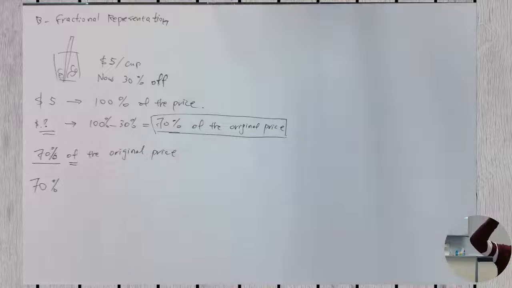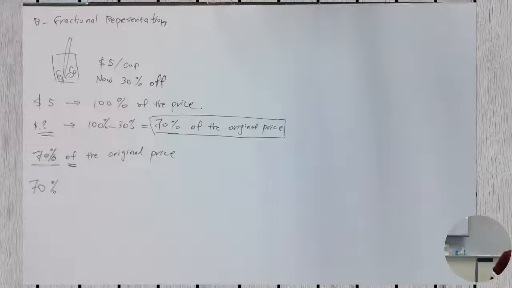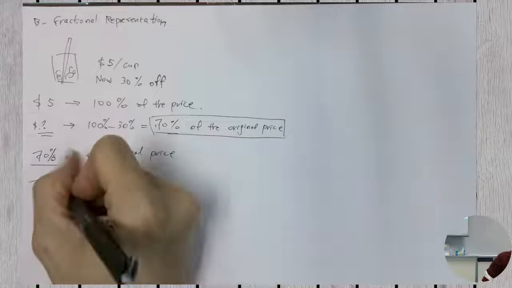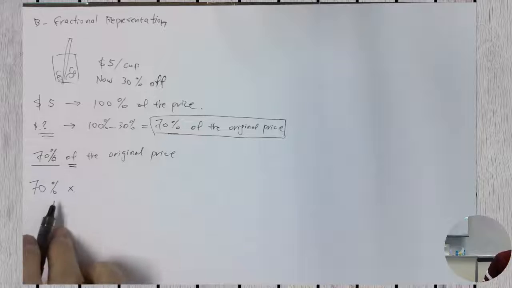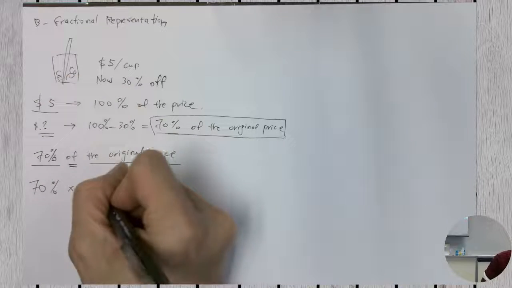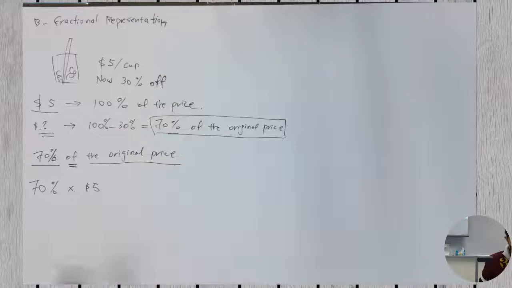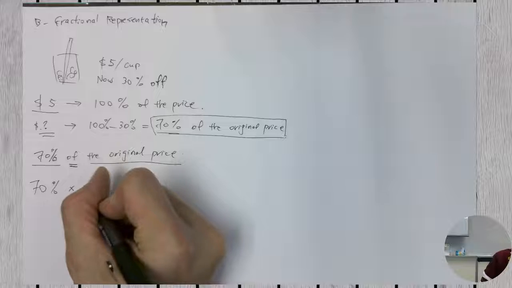Yes? Off is a symbol in math. Off means multiply. Thank you so much. 70% of, and of course the original price is $5. 70% of $5, or 70% times 5.